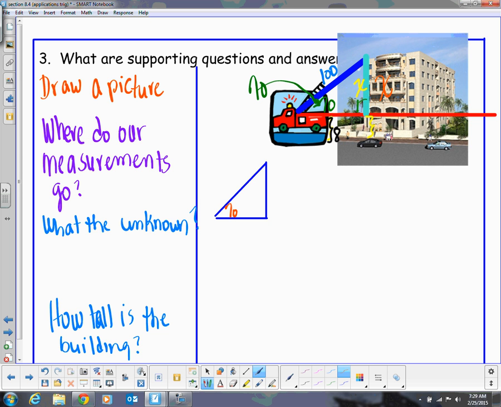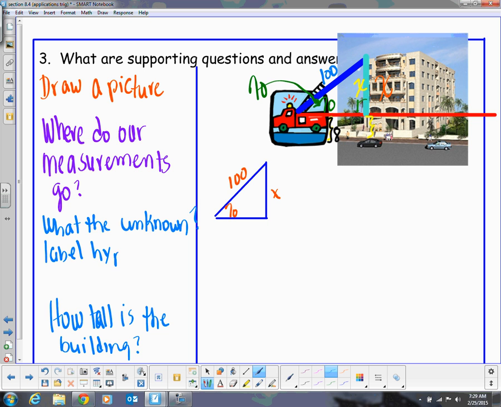We've got 70, we've got X, we've got 100. What do you think you do from here? You label hypotenuse, adjacent, and opposite. So where do those go? Where's the hypotenuse? 100.